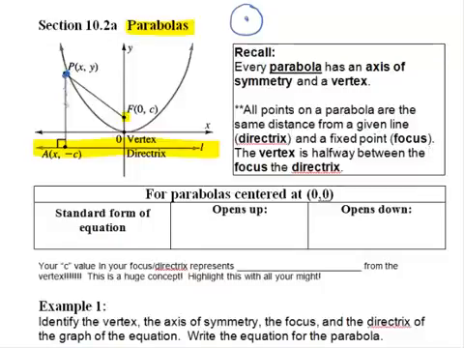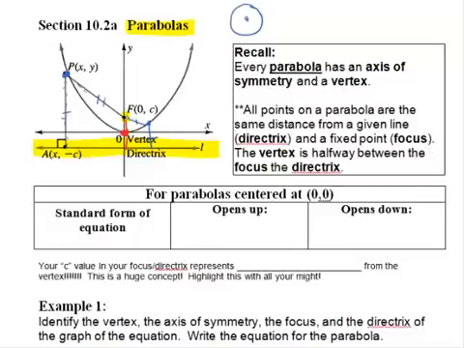So if you dropped a line down to the directrix, that distance would be equal to the distance of that point to the focus. Even if you have a smaller point, let's say over here, the distance to the focus and the distance to the directrix are still equivalent. And then, of course, the vertex is also equally distant from the focus and the directrix. And that one is the shortest distance.